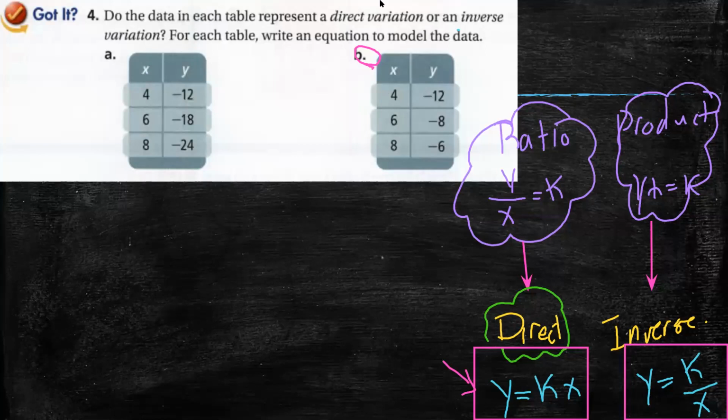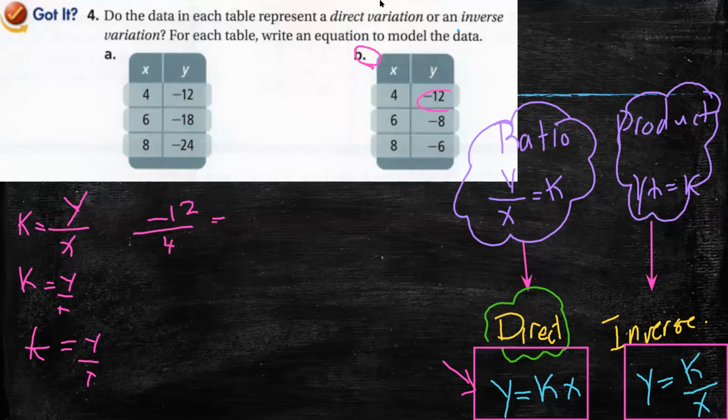The inverse means the product of each y and x is constant. Check the product, not the ratio.